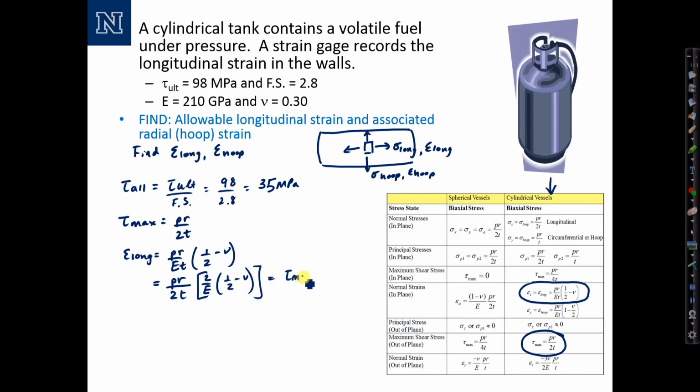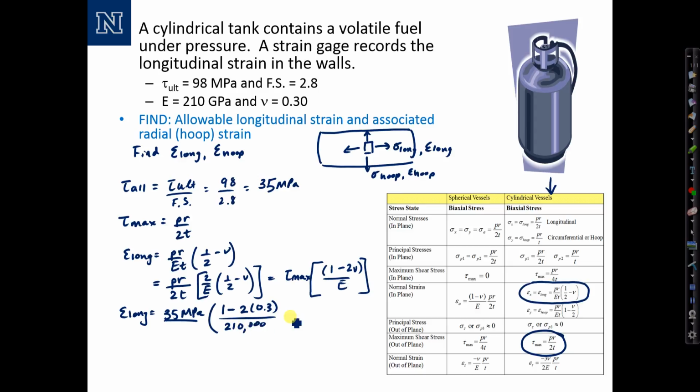Okay, let's rewrite this just a little bit. PR over 2T is tau max, or tau allowable is what we'll use, times, carrying this 2 through, we have a 1 minus 2 nu divided by E. Okay, so now we can evaluate epsilon longitudinal equals tau max, or tau allowable, 35 megapascals times 1 minus 2 times Poisson ratio of 0.3 divided by E, 210 gigapascals.